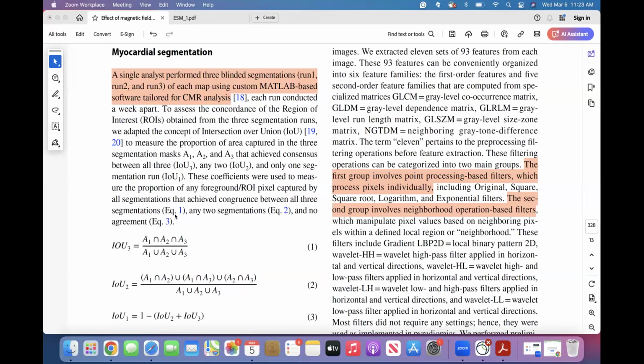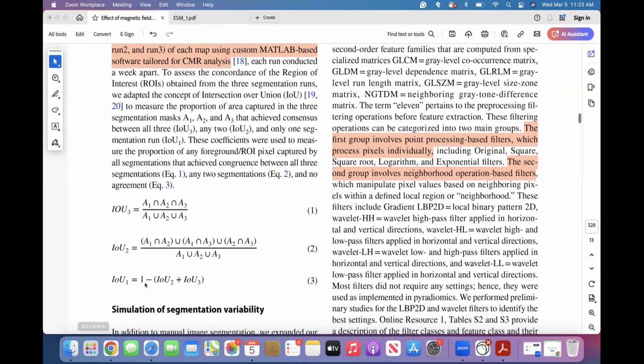Essentially, we take 3 segmentation masks and then quantify the proportion of pixels that were in agreement in all those 3 masks. And then for any 2 masks, that's IOU2, and then the proportion of pixels that were not agreed upon by any of those 3 segmentation masks.